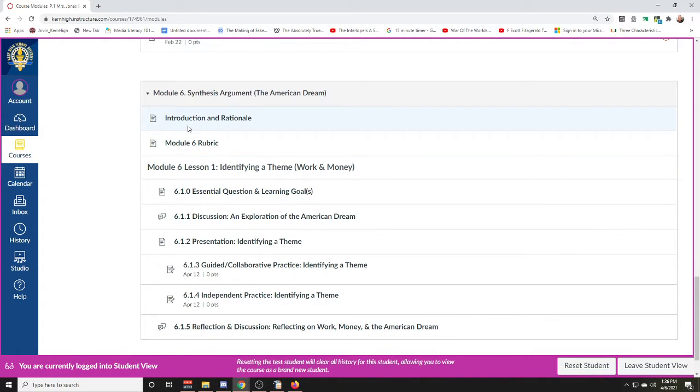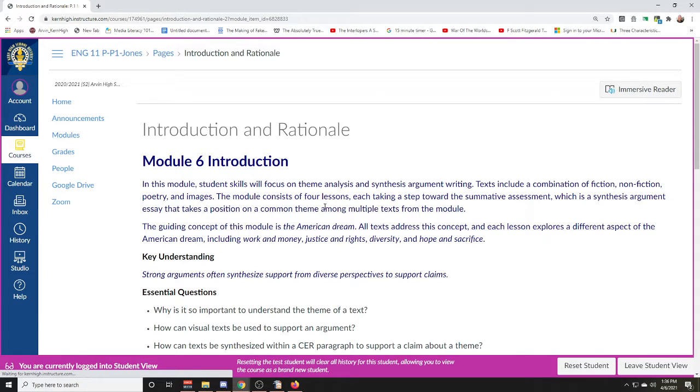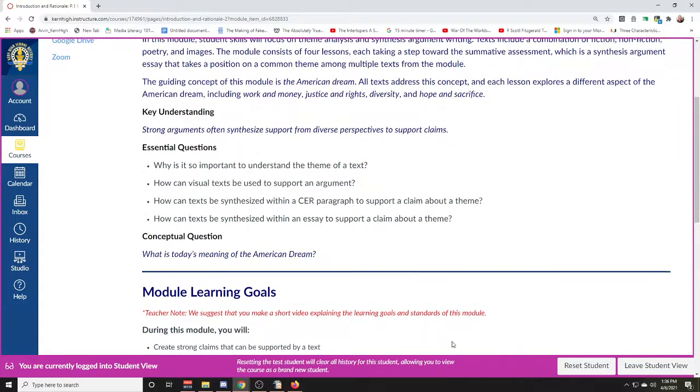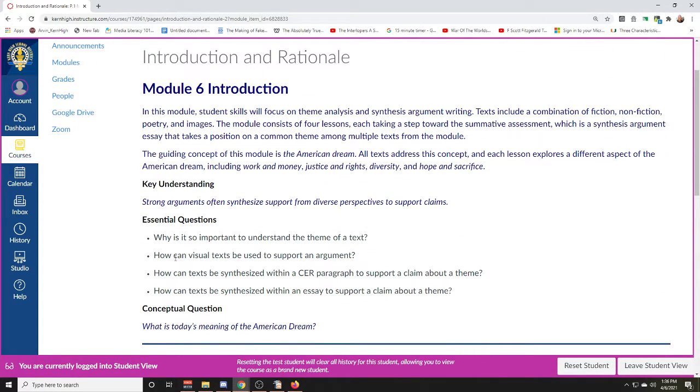So just like at the start of any new module, if you click on these first two pages, it'll go over what the module is about and our essential questions, our learning goals. And so the 4 essential questions for this, it asks, why is it so important to understand the theme of a text? Okay, how can visual text like advertisements or graphs be used to support an argument?